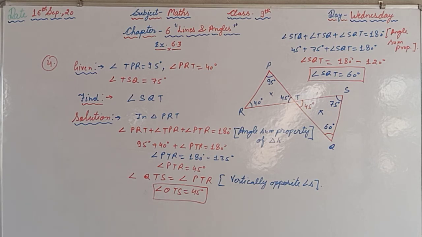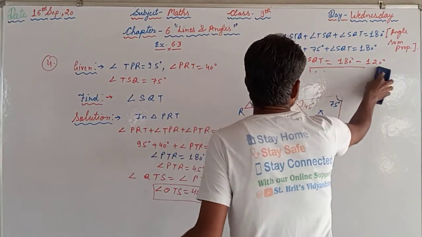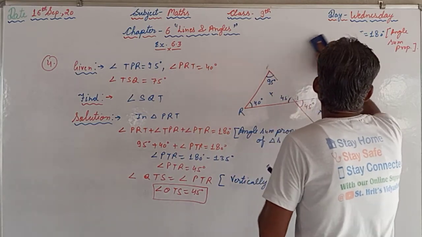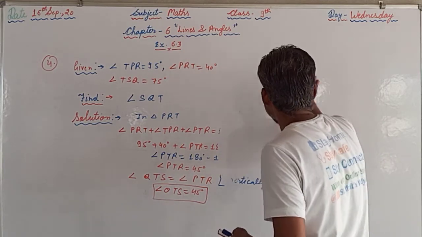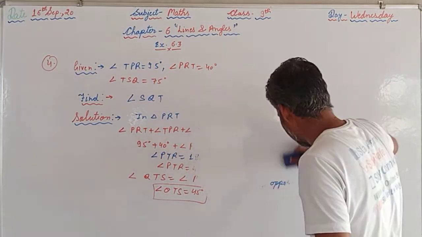Now in the next question, in figure 6.43 we have to find x and y. So for this question I will explain you how to proceed. The solution you are supposed to do by yourself. First of all, I will draw the diagram for that. In the meantime, I am rubbing the board.